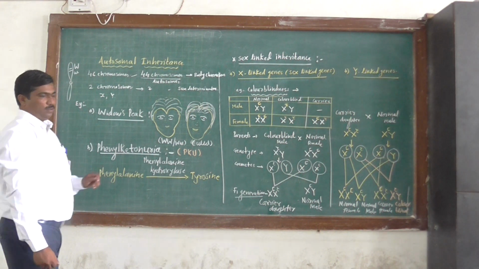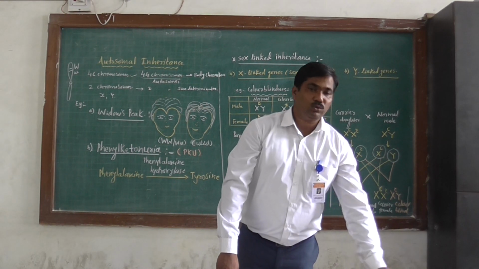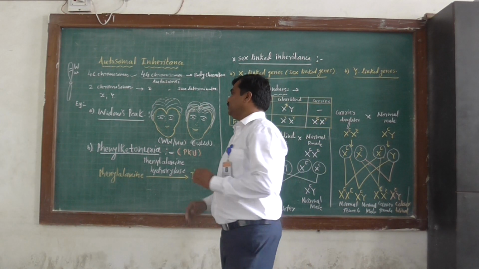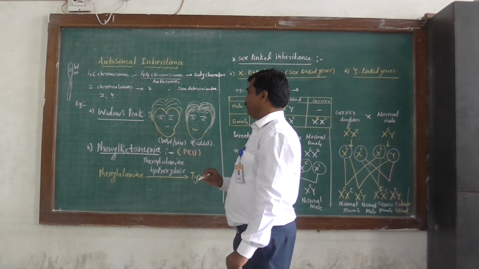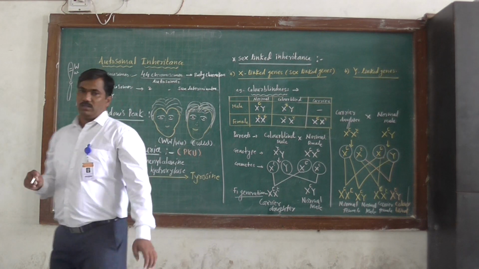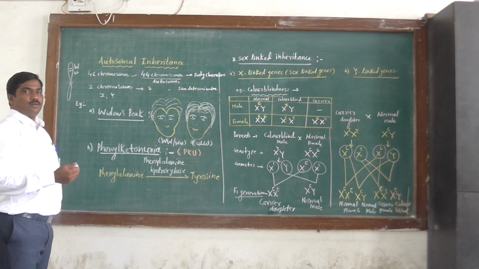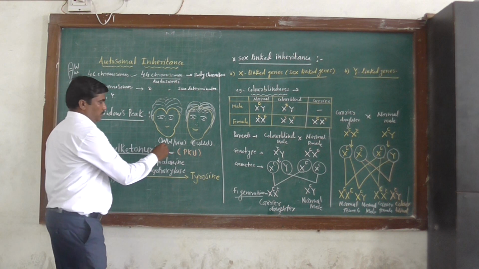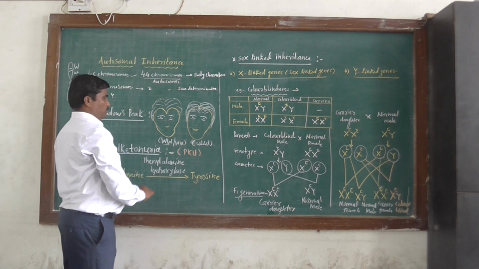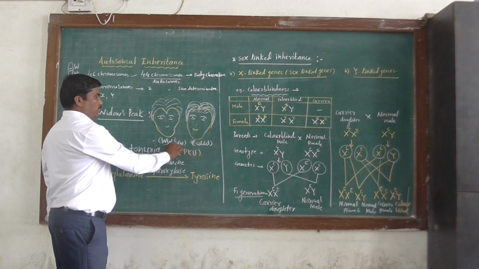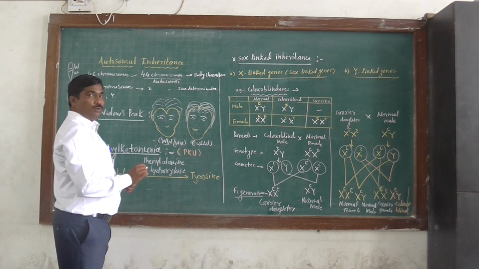Widow's peak shows an autosomal dominant inheritance. It occurs due to the inheritance of dominant genes like capital W capital W or capital W small w, meaning homozygous or heterozygous individuals show a widow's peak.